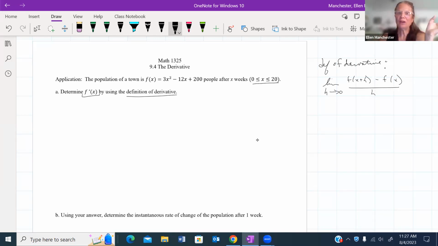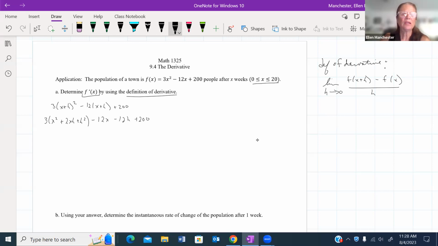Okay, so instead of taking all 4 steps, I'm just going to do it in one as we go. So we know the first step, we take the x out and plug in x plus h. We know x plus h squared is x squared plus 2xh plus h squared. You're going to use that a lot, so you might as well memorize it.